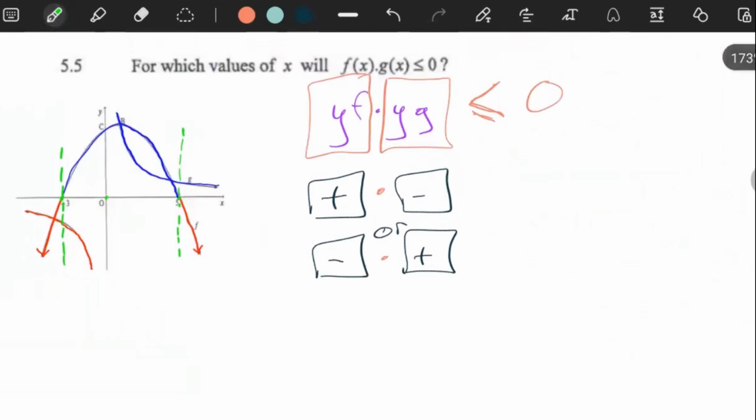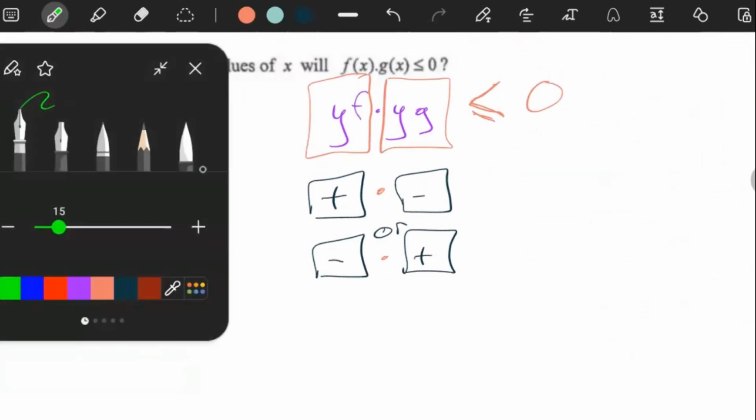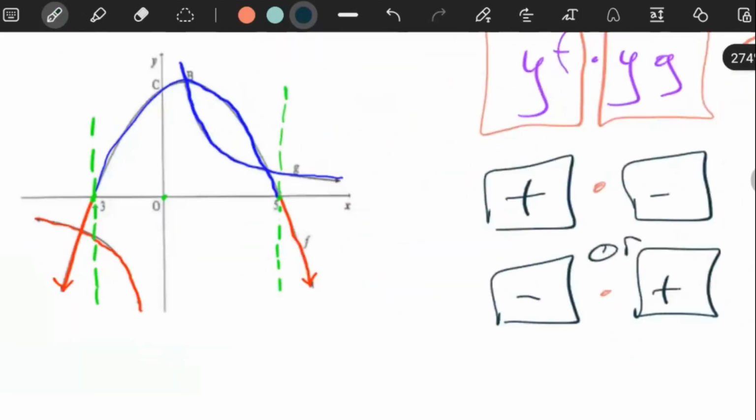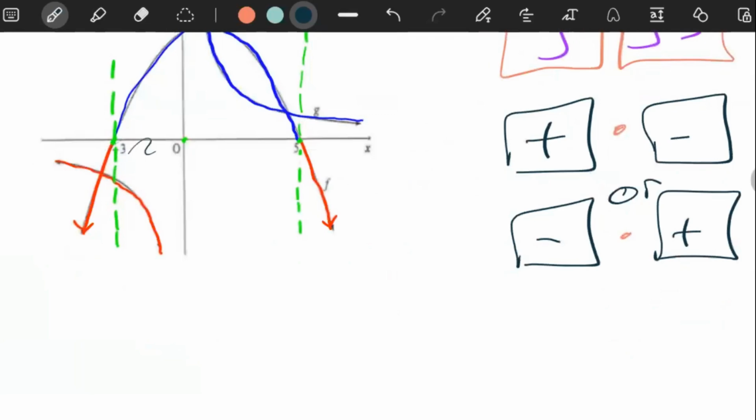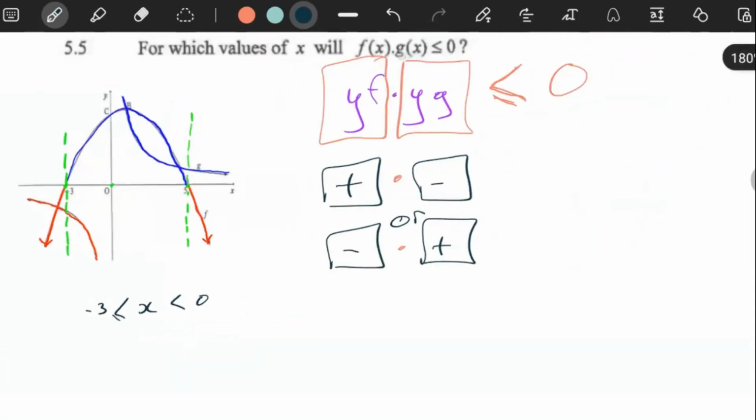So to answer our question, this is how we're going to put it across. We can see that from -3 up until 0, x has to be bigger or equal to -3, and then x also has to be smaller than 0. So between -3 and 0, this portion of our question qualifies for this statement.